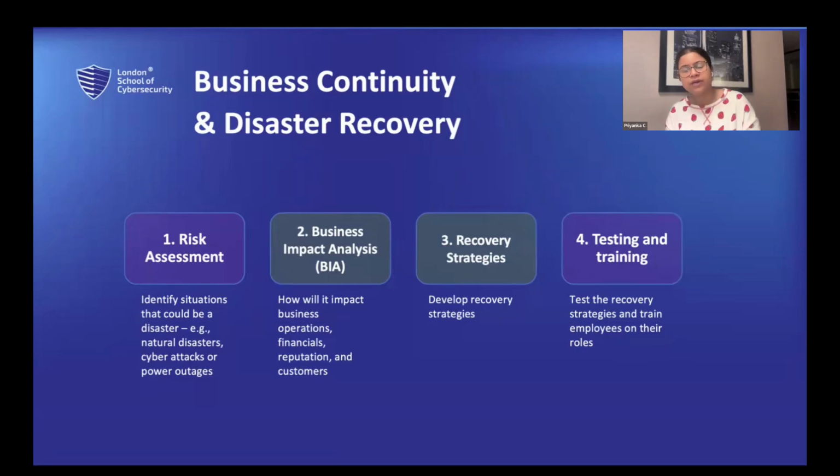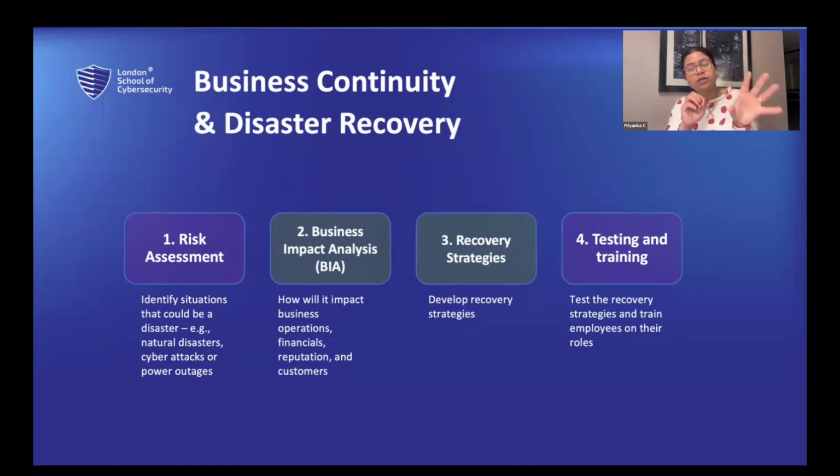Then once you've defined the disaster definition, you do a business impact analysis. Okay, what is this? You now have a definition of disaster. Then you analyze that if something happens, how does it impact my business? So that is your business impact analysis.